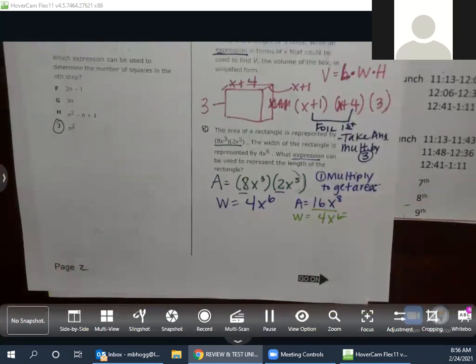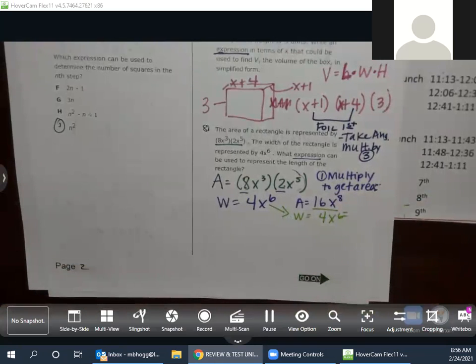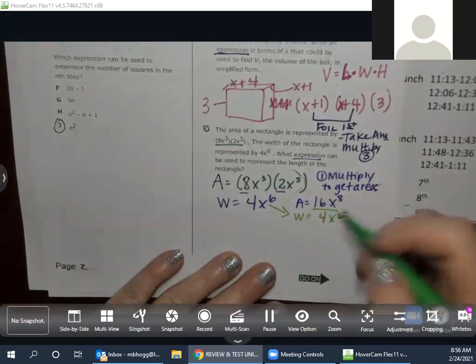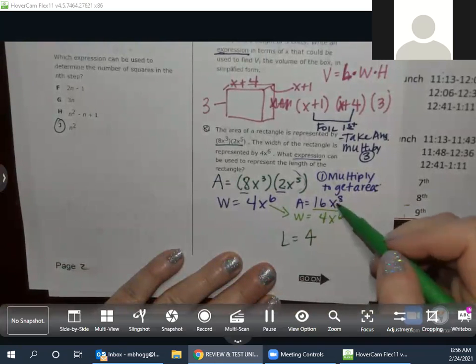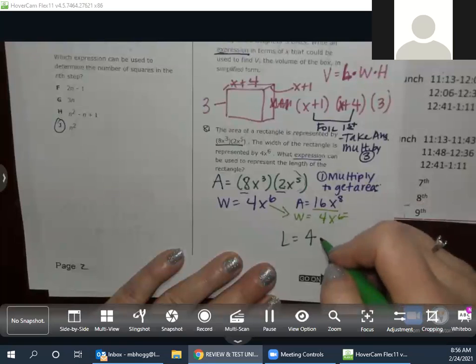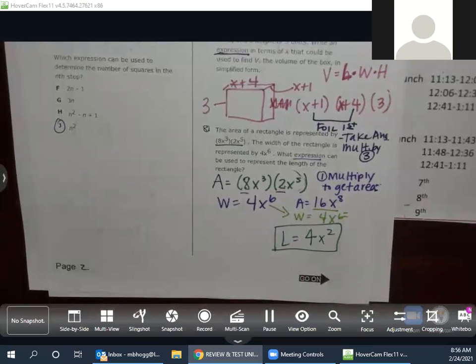We could do it. So you would say 16 divided by 4 is 4. And then what would you do with your exponents? Yep. So this is the answer. Okay, are we doing all right so far? Okay. Number 9.